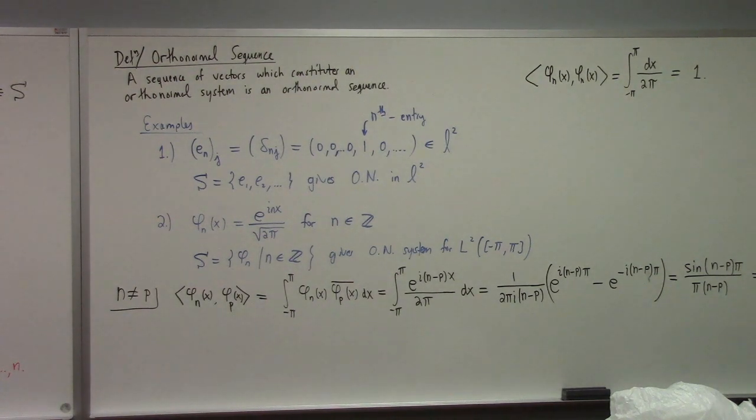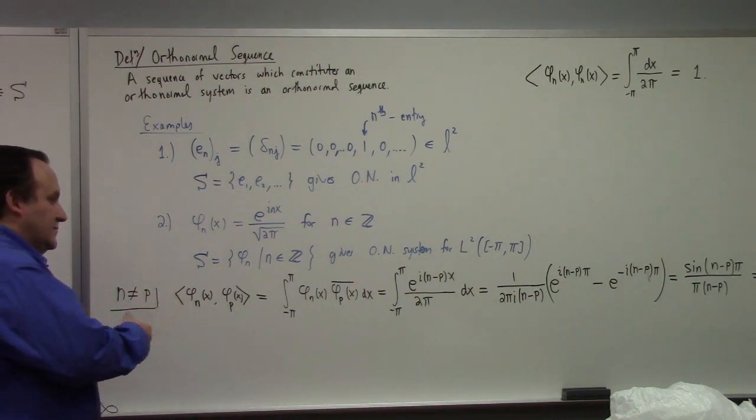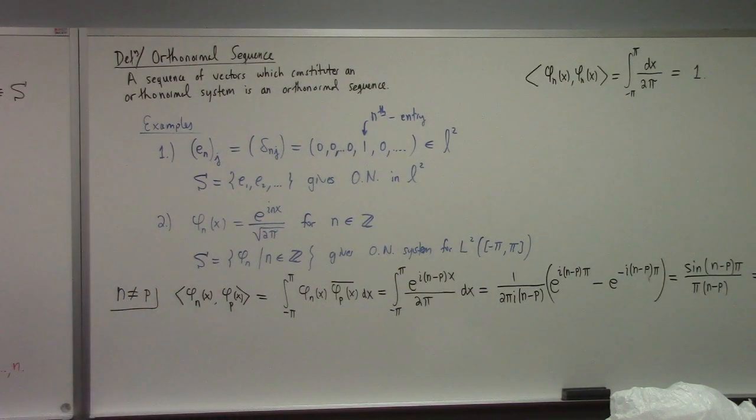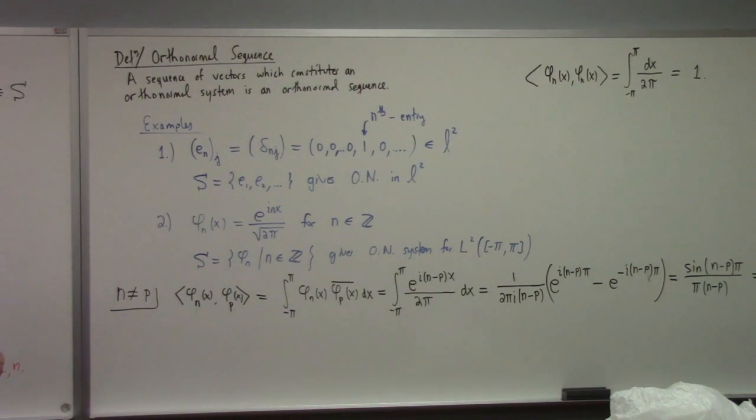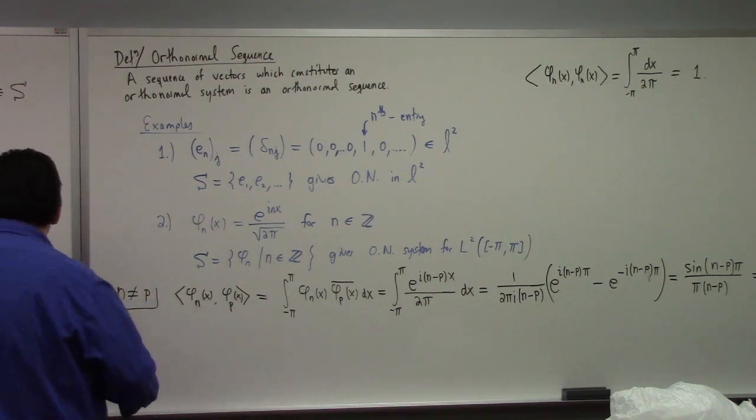So there you go. This is an orthonormal system for L2 minus pi to pi. And it's particularly simple, right? This is a very nice set of functions. What could be simpler than this? Of course, we can make this look more complicated by expanding in terms of sines and cosines and things, right? But, yeah.